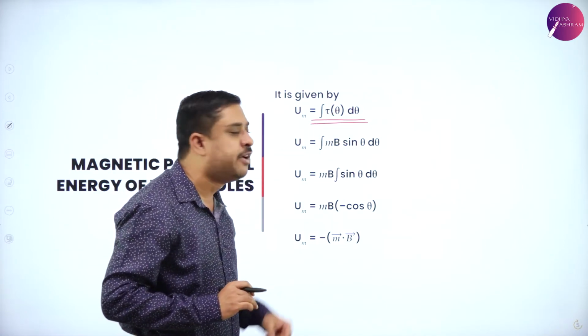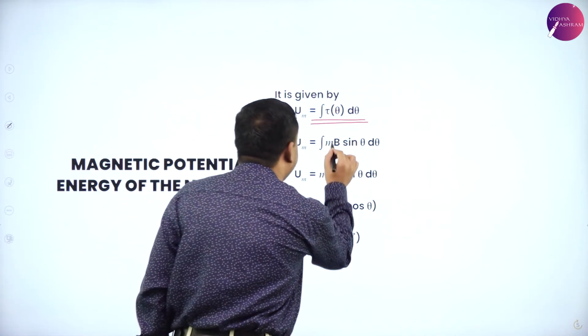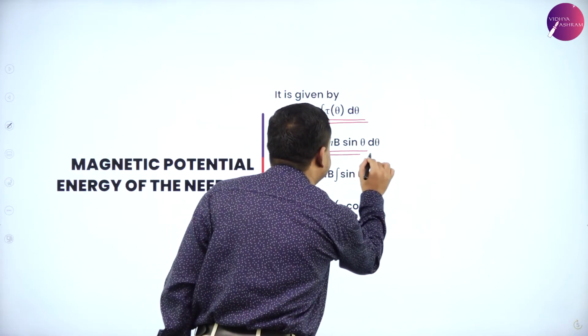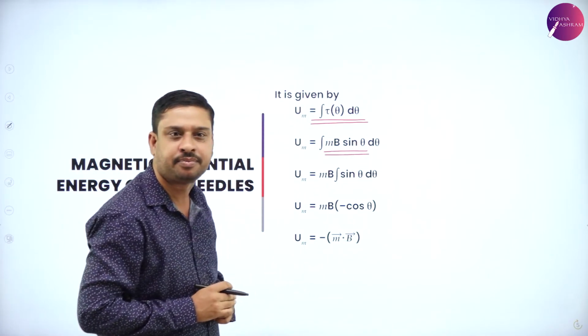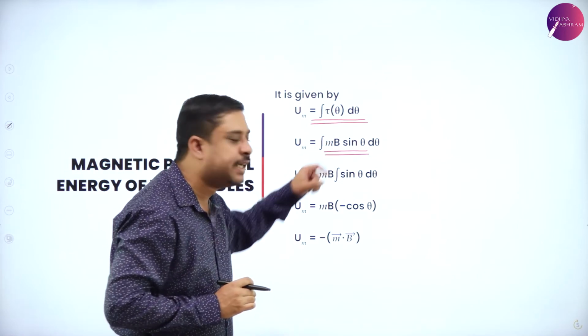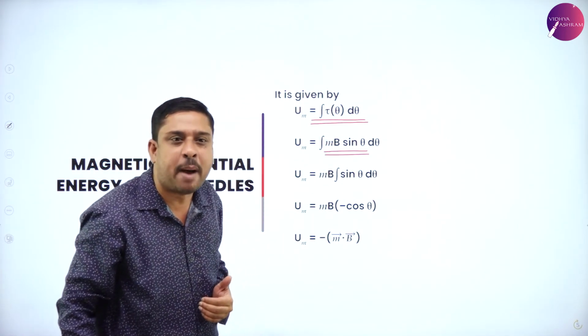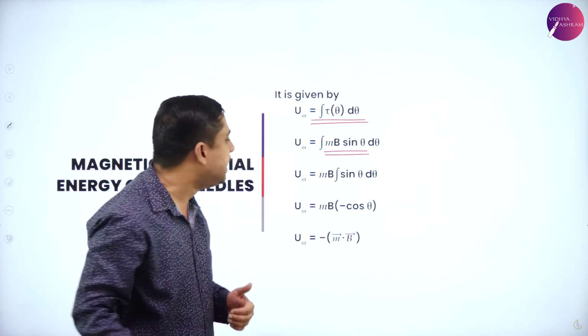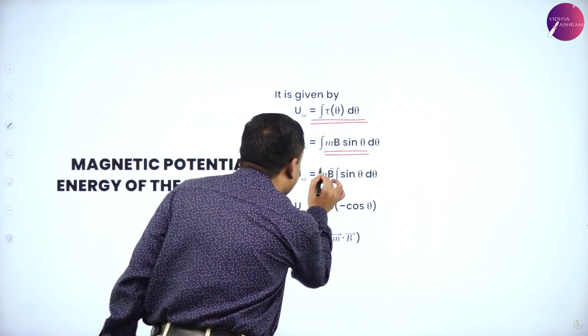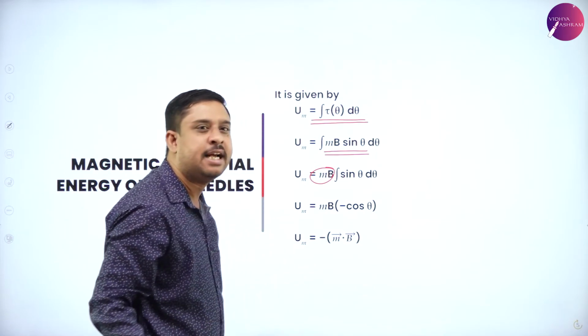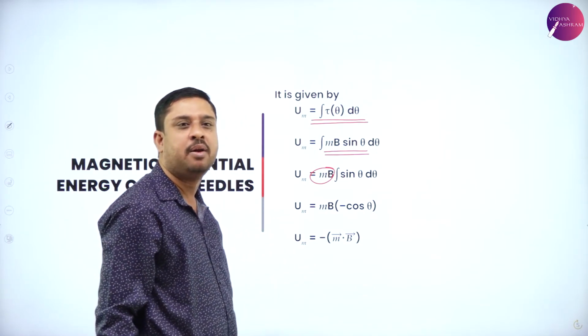So substituting for tau, that is mB sin theta. The magnetic dipole moment and the strength of the magnetic field B are constants, so I take them outside the integration symbol.